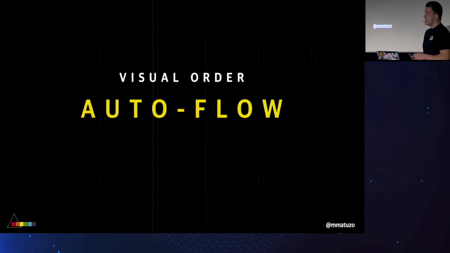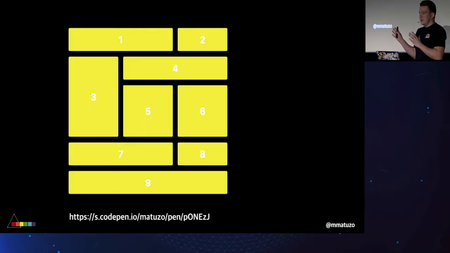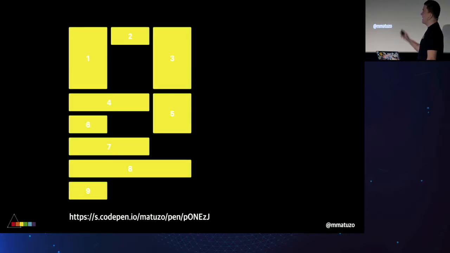Another way of changing order is autoflow, and autoflow is really interesting. Let's say we have a grid like this, where not all items have the same size. We can make grid items span multiple columns or multiple rows. Now, if we apply explicit placement on these grids, it might happen that we get gaps due to the different sizes of our grid items. This doesn't look very nice. There's a thing we can do.